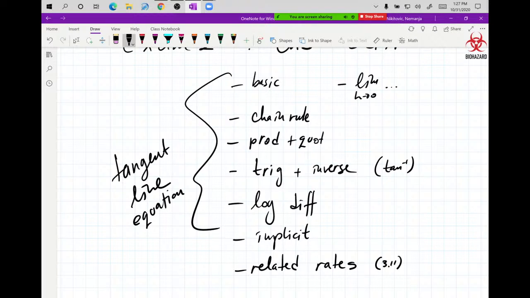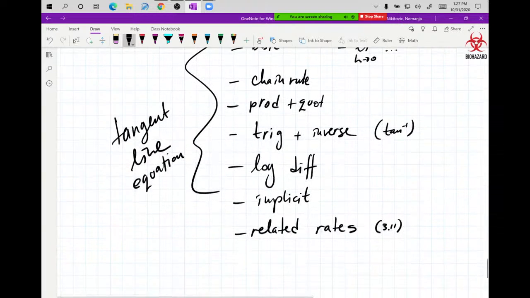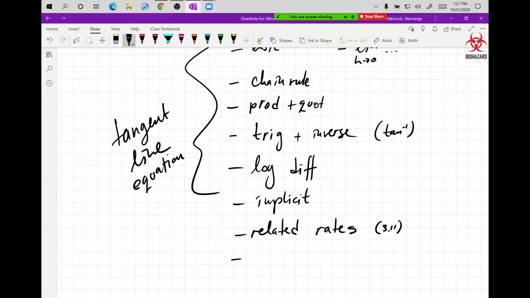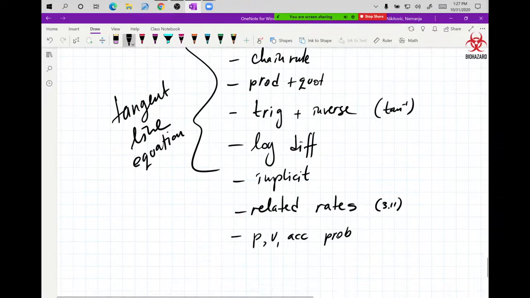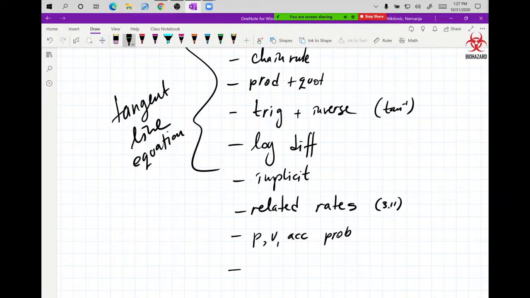I probably missed something. Oh yes, I missed the problems with velocity and all of that, the rate of change problems: position, velocity, and acceleration problems. That was in the rate of change. And drawing a derivative by looking at the function.